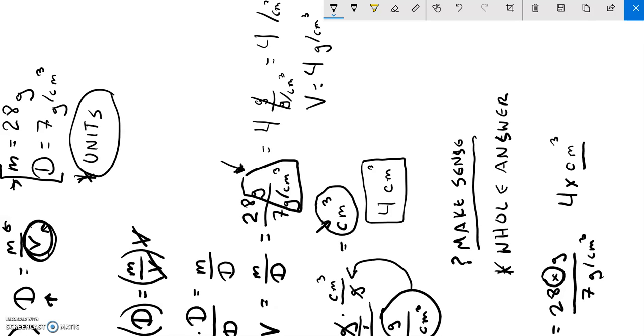I didn't take off any points for this on the original test on number 7, but I do want you guys to be aware that this is the right way to put it, because whatever this x is, when you solve for it, if you end up solving for it, it will also be in centimeters cubed.